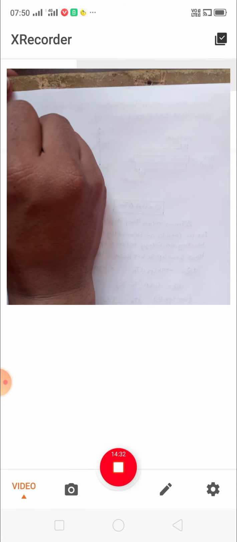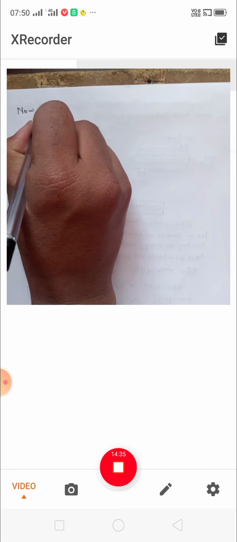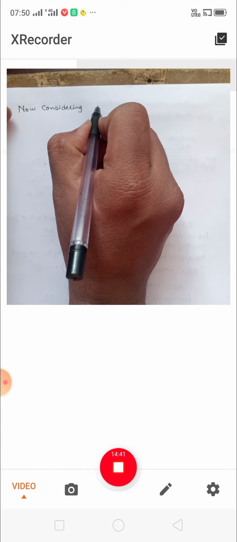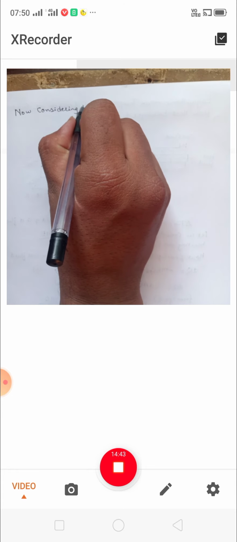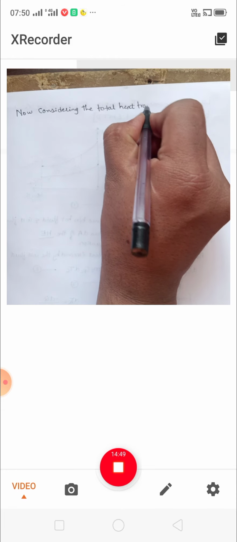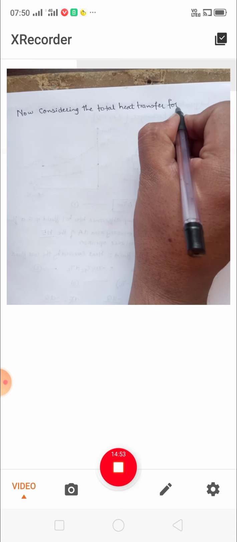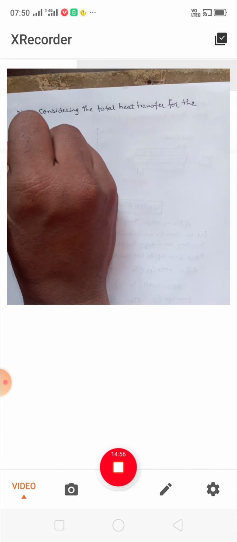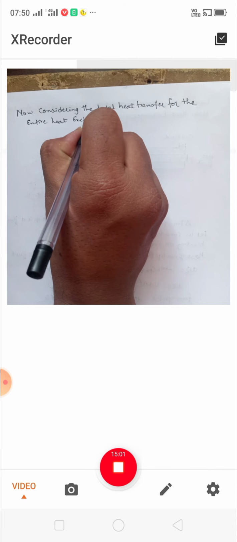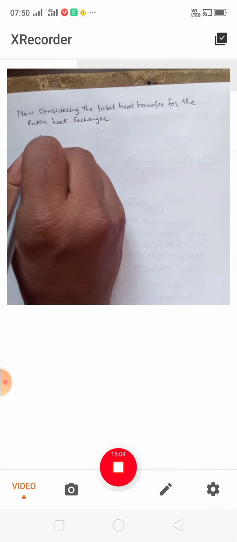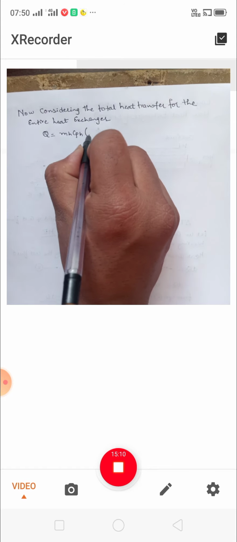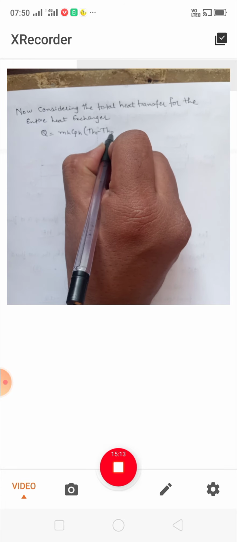Now considering the total heat transfer for the entire heat exchanger, I will write Q is equal to mh into cph into (Th1 minus Th2).